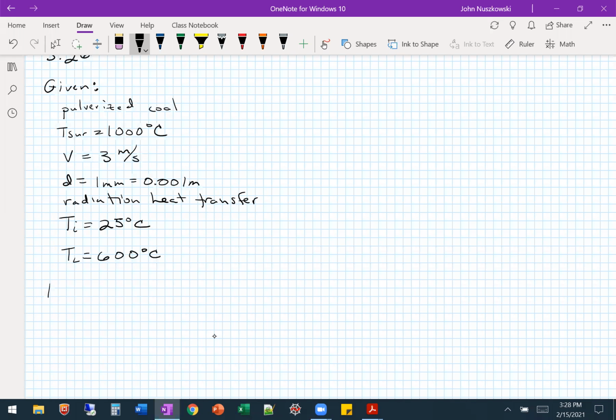They want us to find how long the tube must be, and then whether lump capacitance is justified.